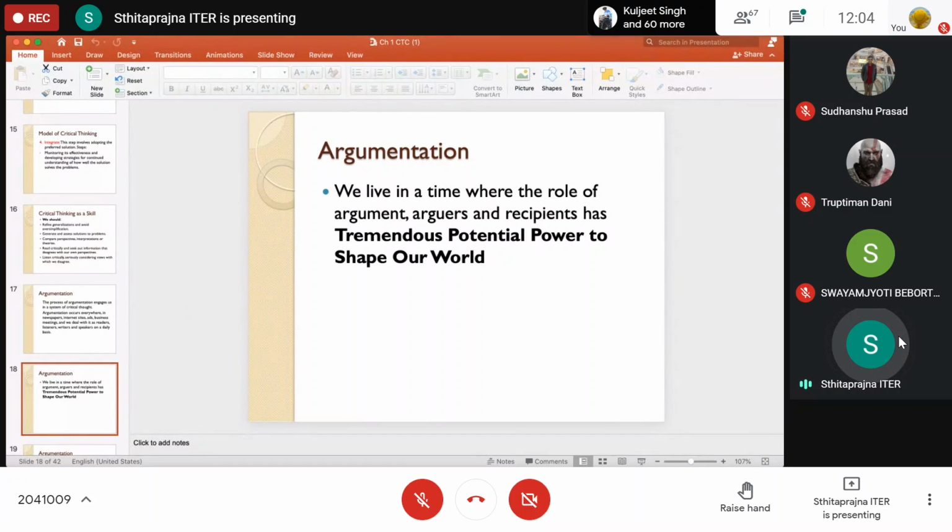And why is there a need to argue? Why do we basically argue? What is the need for argument? It engages us in critical thought. Okay. And how does argument have tremendous potential power to shape our world? That was the question.